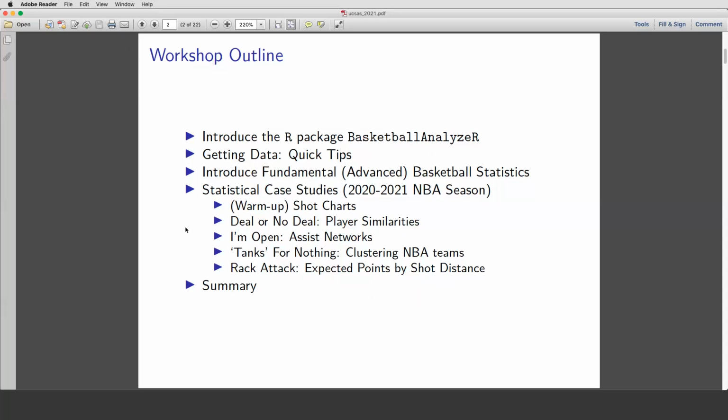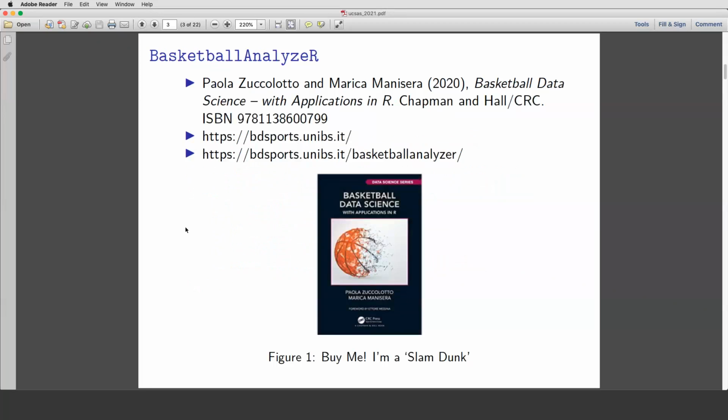So without too much of a delay, let's get right into it. This is the package BasketballAnalyzeR, and I got introduced to it through this textbook. Textbook-wise, it's not that expensive. It's available, I think, on Amazon or through the publisher.